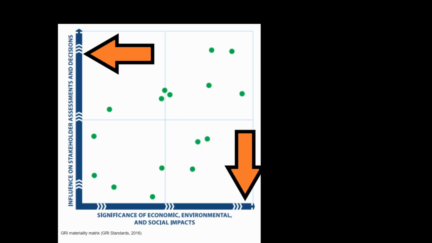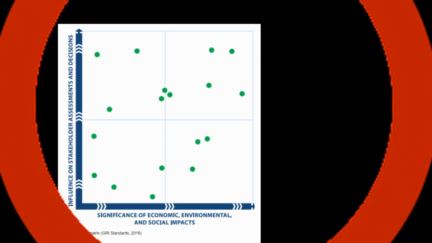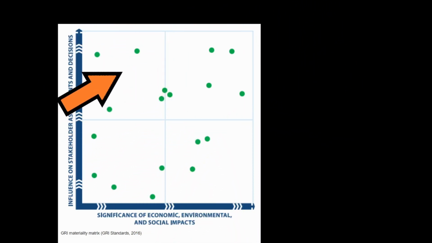And on this kind of diagram, typically the material topics for a company, the ones it reports, would have been those that fall into the top right-hand corner or the top right half of this diagram in some way. Now, this makes perfect sense in the context of the GRI because the GRI measured materiality against these two variables.